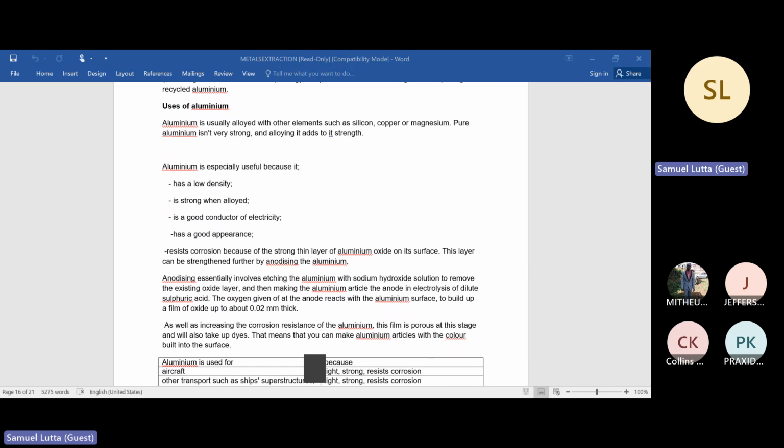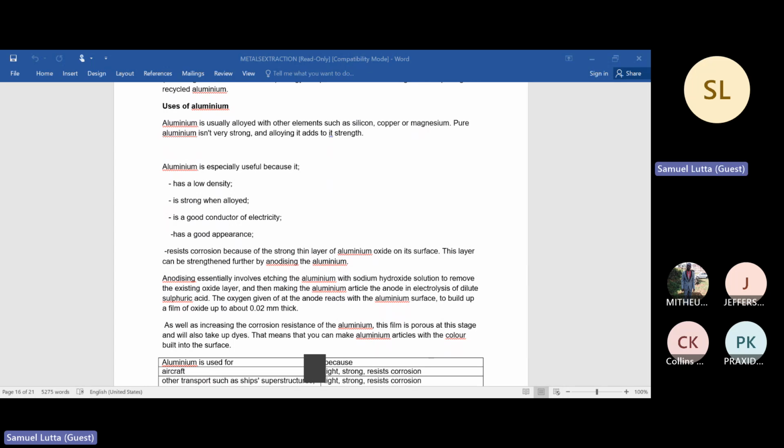So to get a compound of aluminium which is friendly, we normally try to mix it with other compounds or other elements to form alloys. So we need to know what to mix with so that we get the correct compound.